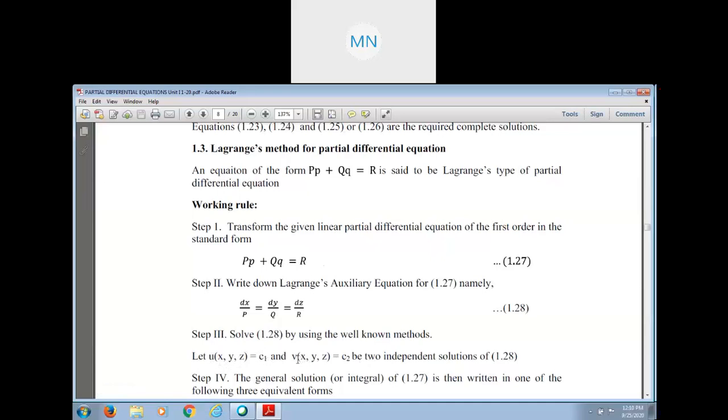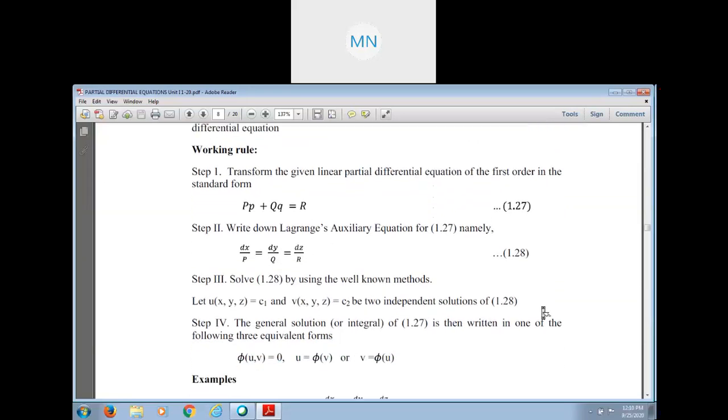Similarly, we take another function v of x, y, z, where x and y are also independent variables and z is the dependent variable. These are two independent solutions of the Lagrange auxiliary equation. In the fourth step, the general solution of this one.